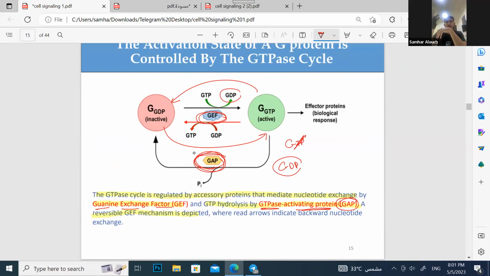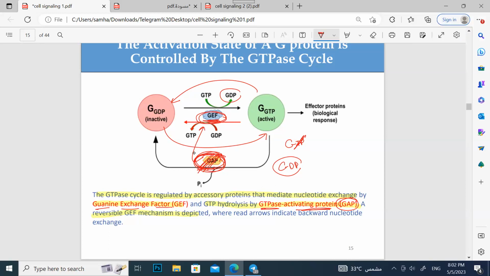So we need another thing to inactivate, which is GAP. GEF is not always working in activating, but imagine that we have a disease that inhibits GAP. GEF now will play a role in inactivating, just to save the day. But as I said, GEF mainly is for activating, and GAP is mainly for inactivating. But GEF can inactivate if we need it to.